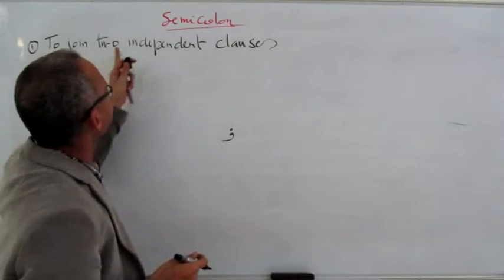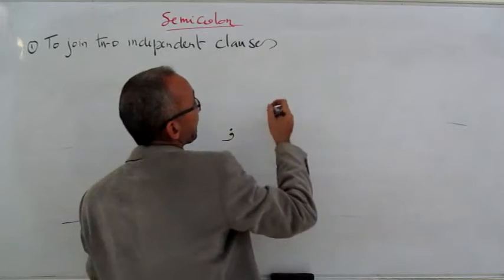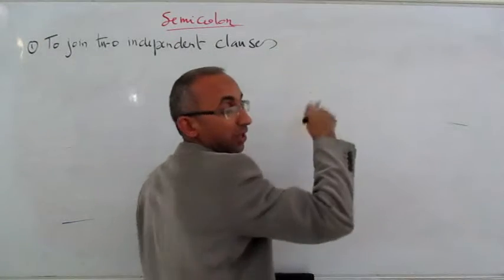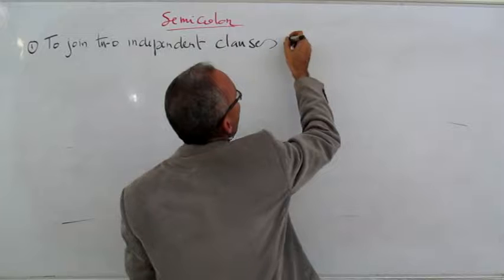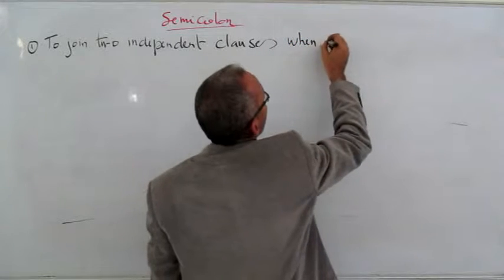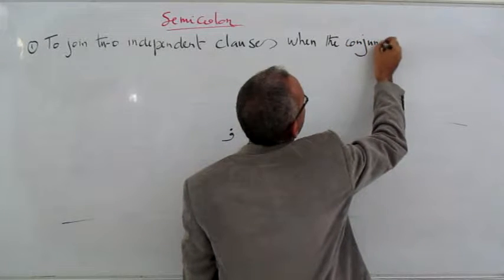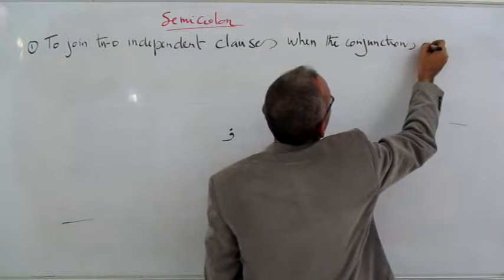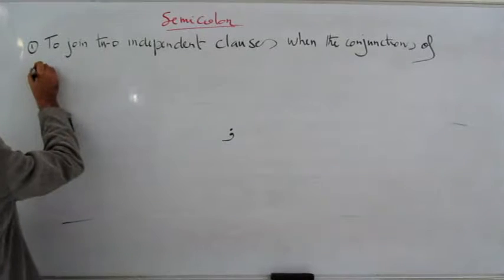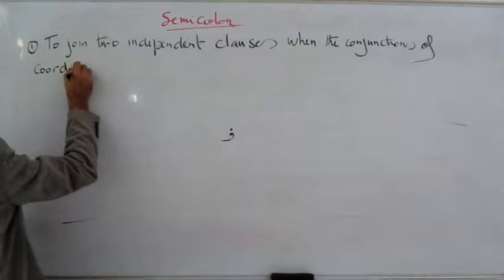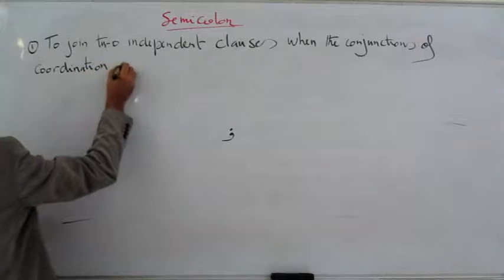To join two independent clauses, it means instead of the use of the fanboys, the conjunctions of coordination are left out. It means it replaces them to join these two types of clauses.